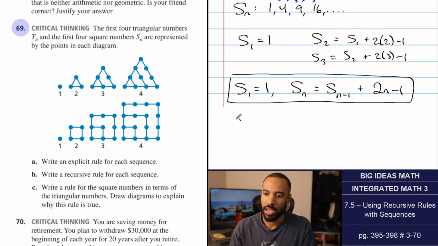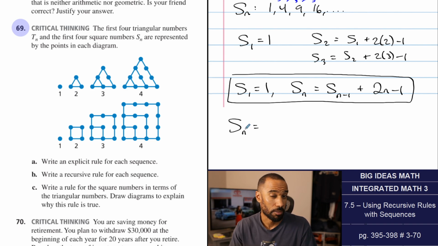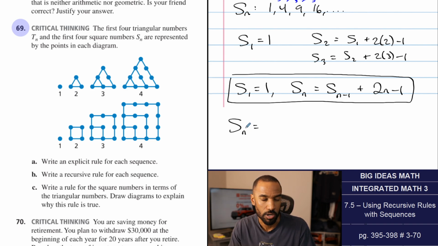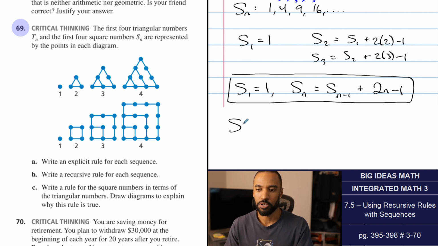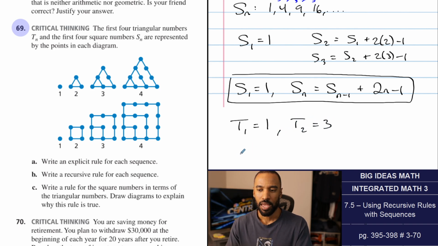So S sub n, the value of, say, the second term. Wait, can I start with the first term? They're both 1, so I don't know if I can explain that as well. I think we have to write the first ones then. The first one is 1. The second one is 3. And any S sub n.